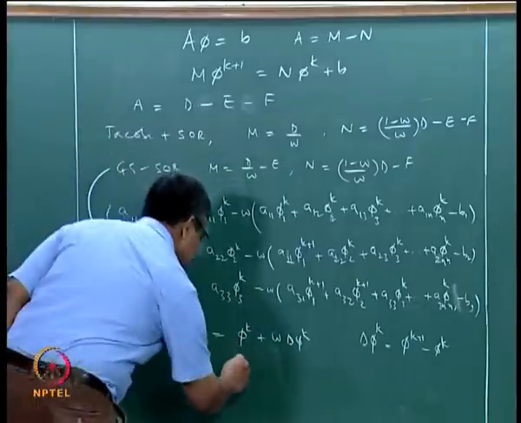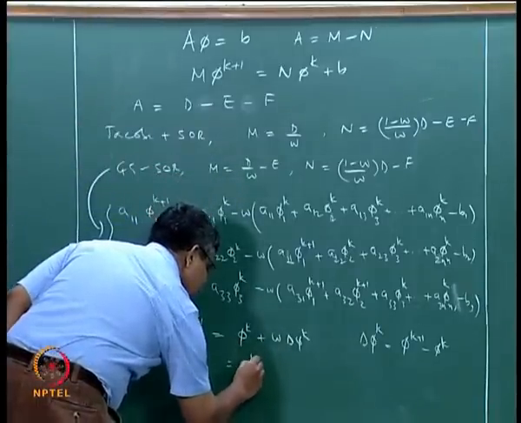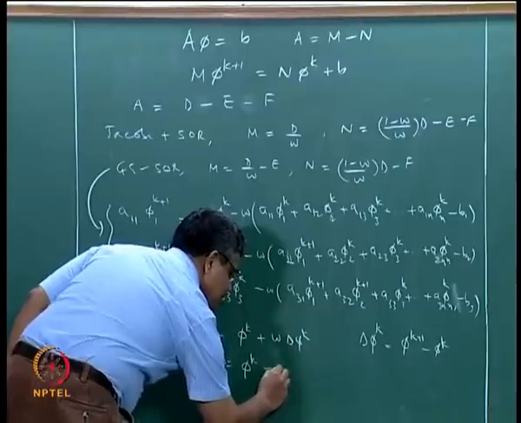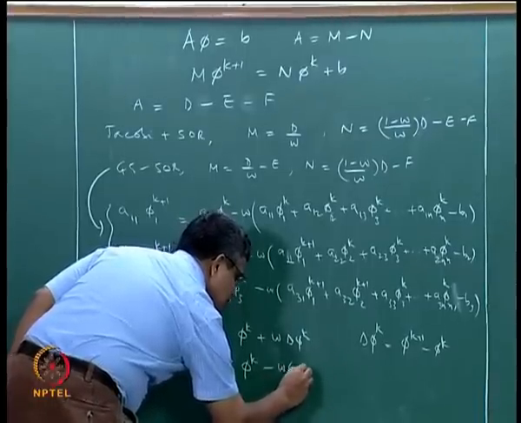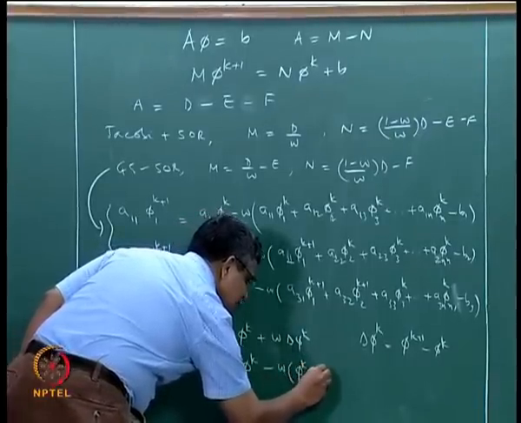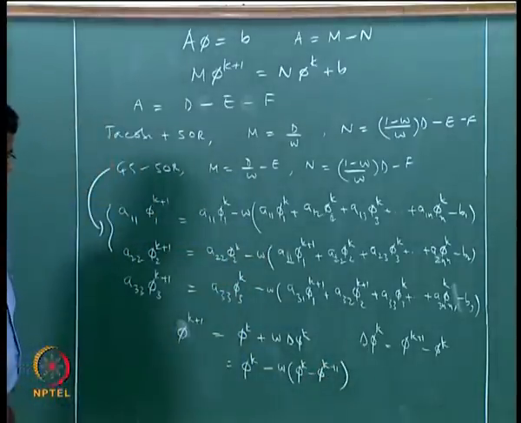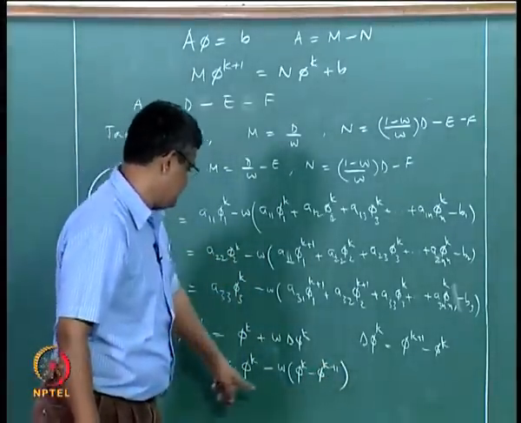So if you substitute that here, you get phi k minus omega times (phi k minus phi k plus 1).